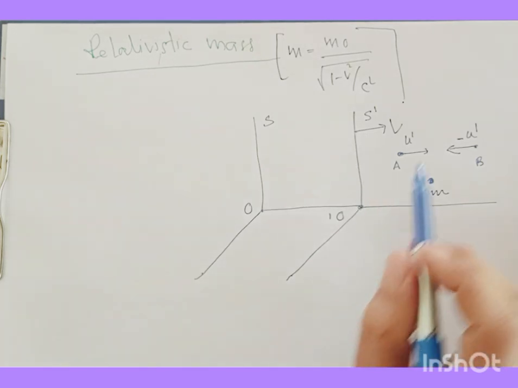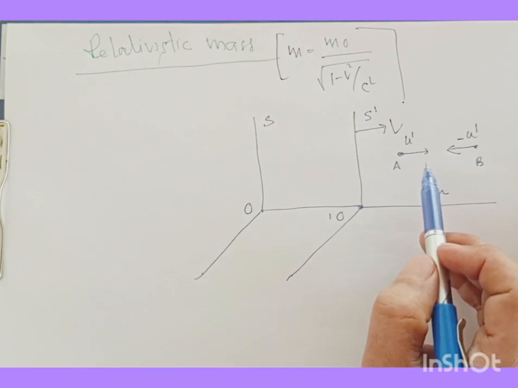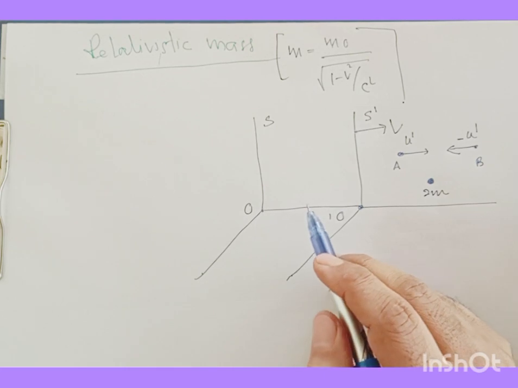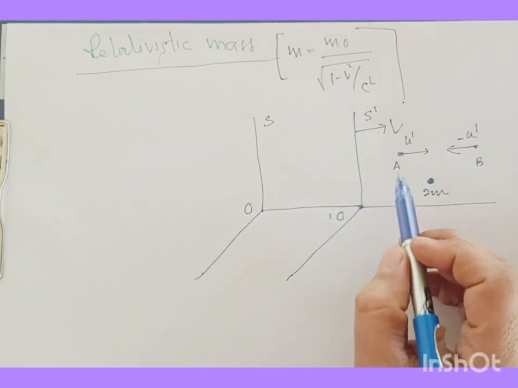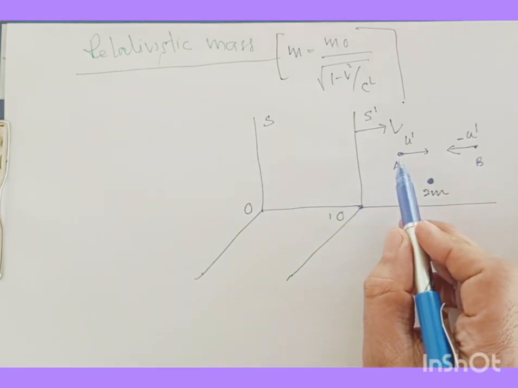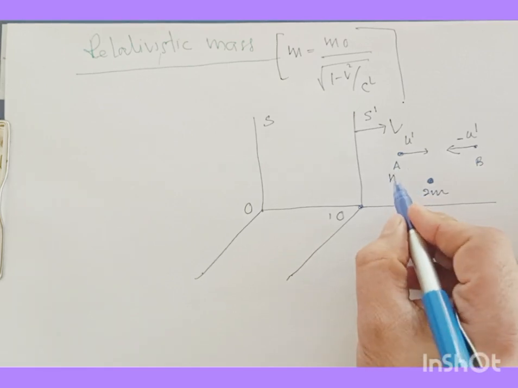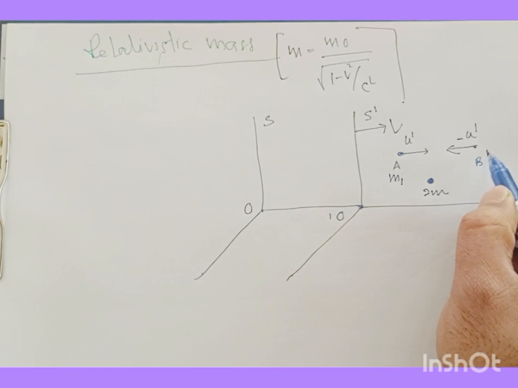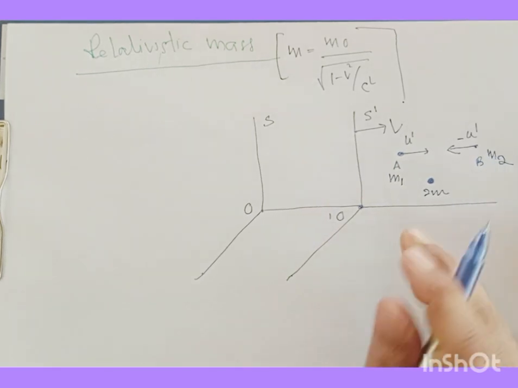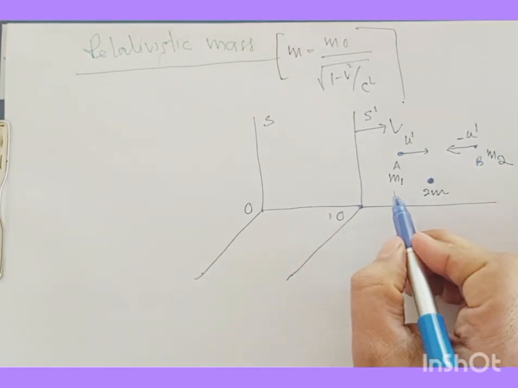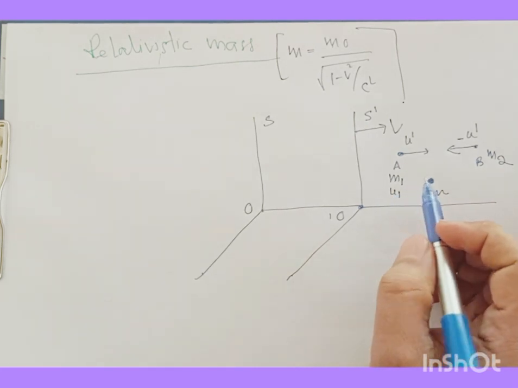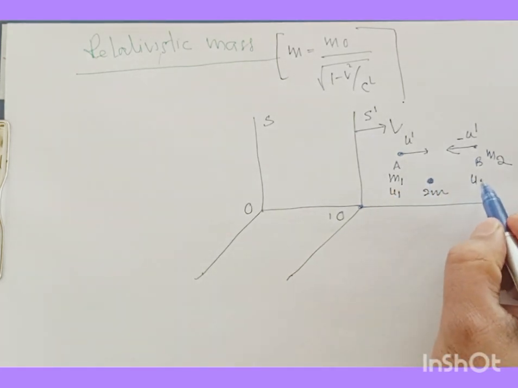and how this experiment performed in S dash appears in the frame S. Now let us suppose the mass of the body A appears to be m1, and that of the body B appears to be m2, and their velocities appear to be u1 and u2.